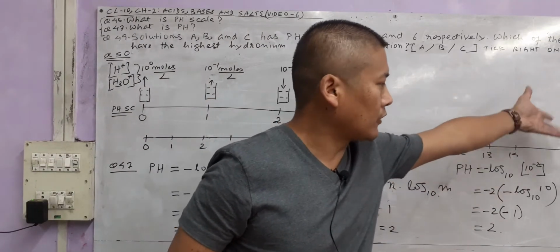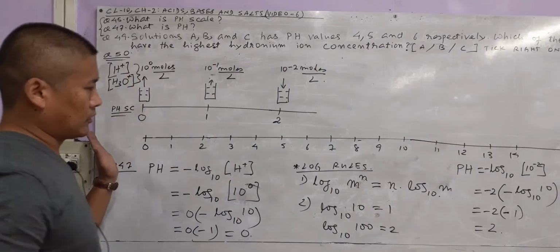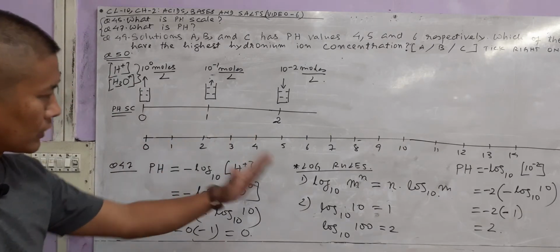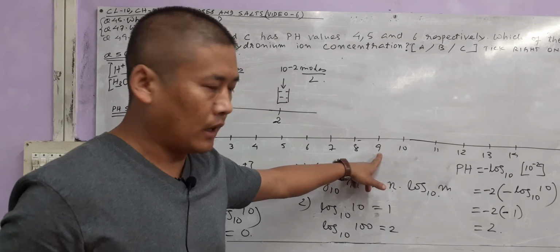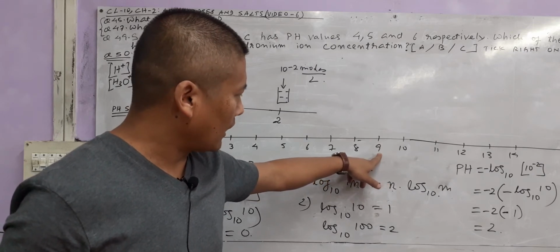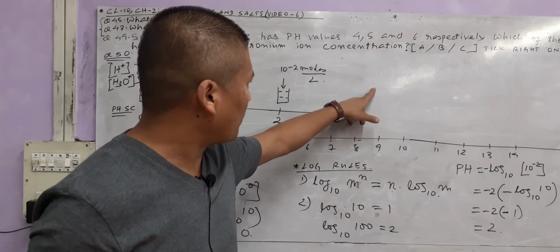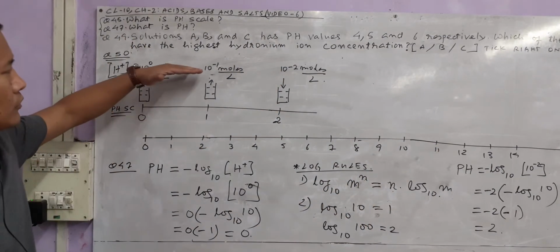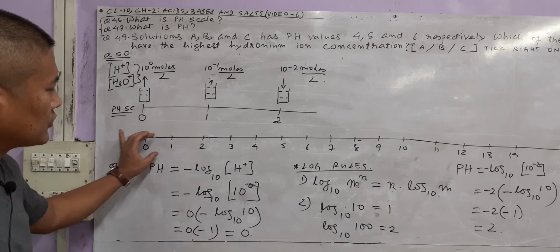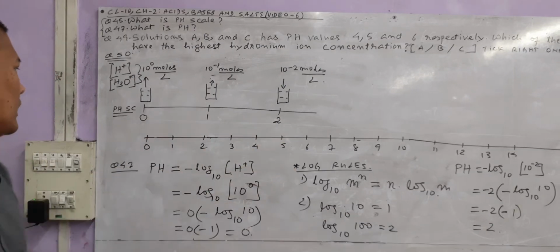It can go more than 14, it can go below 0 also, but the normal pH scale is from 0 to 14. So you now know that 9 represents a hydrogen ion concentration of 10 to the power minus 9 moles per liter. We know now, right? So converting the actual hydrogen ion concentration to simple numbers 0, 1, 2, 3 like this is called a pH scale.